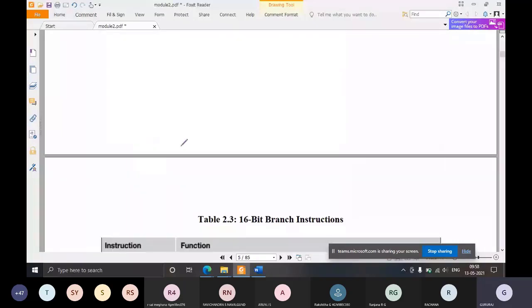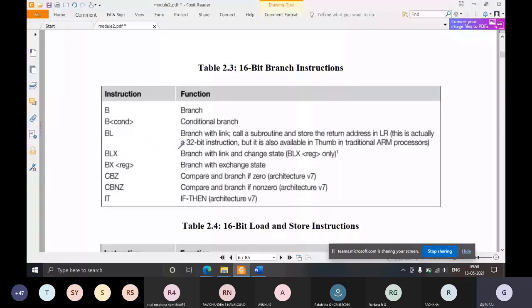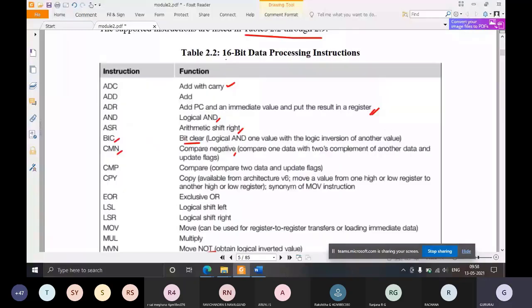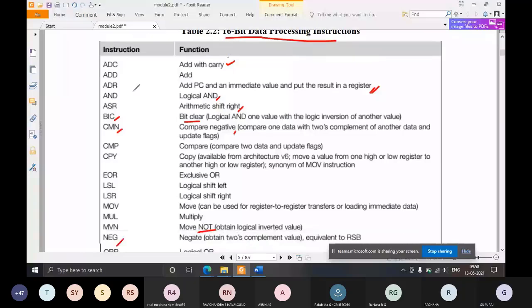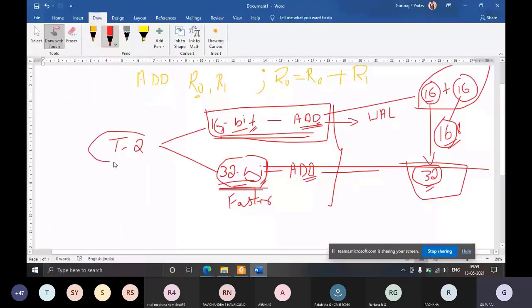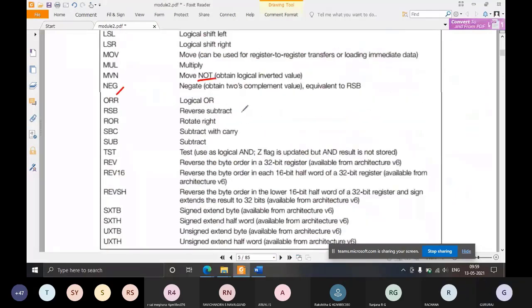We shall see later what those are. These are the 16-bit data processing instructions. Whatever ADC, ADD we discussed are 16-bit versions, because Thumb-2 contains both 16-bit and 32-bit instructions.